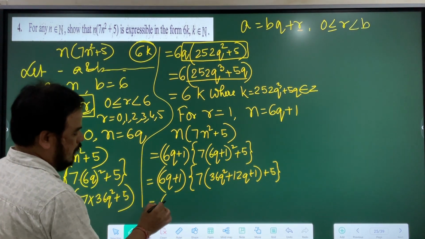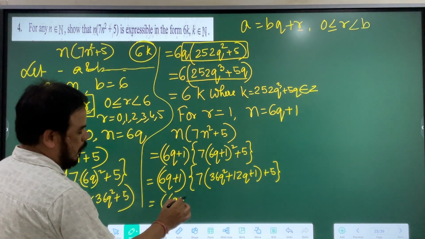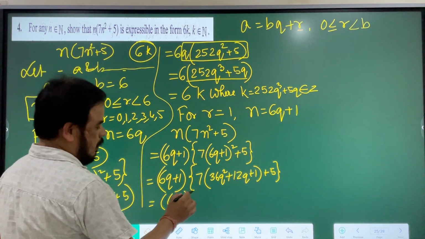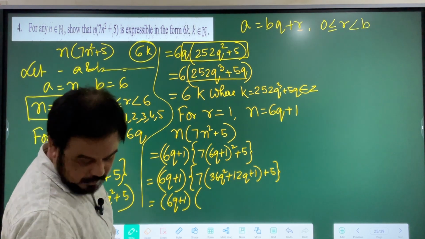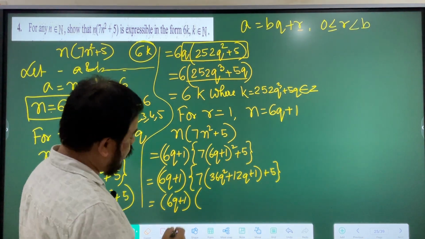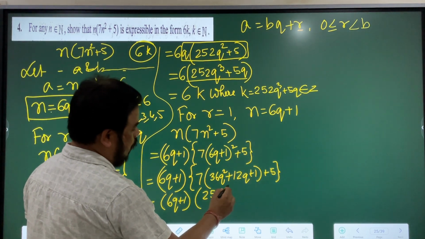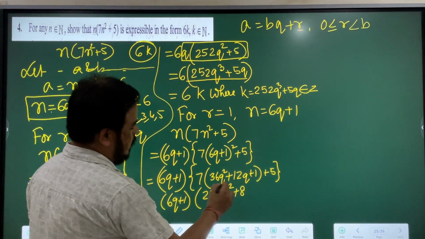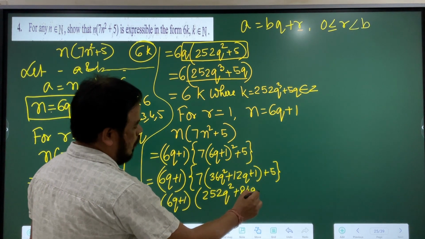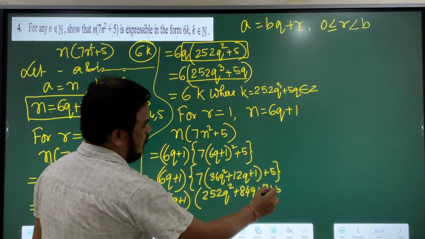Simple calculation. 6q plus 1. 7 into 36 is 252q cube. 252q square plus 7 12s are 84q plus 7 plus 5.